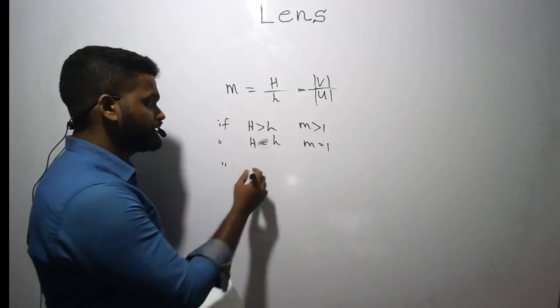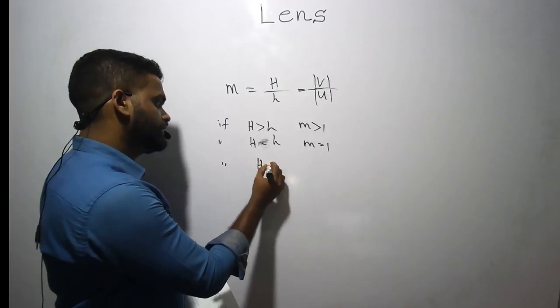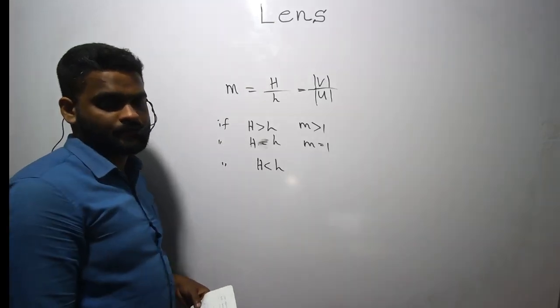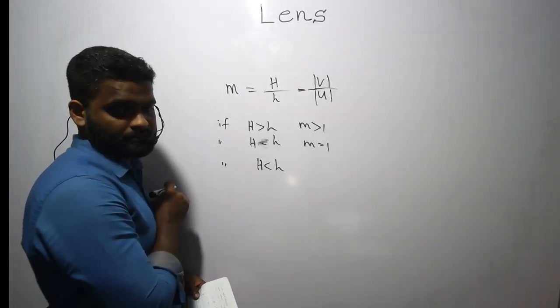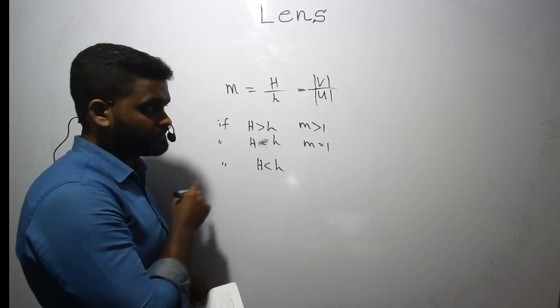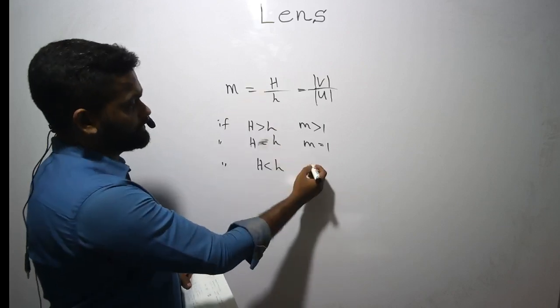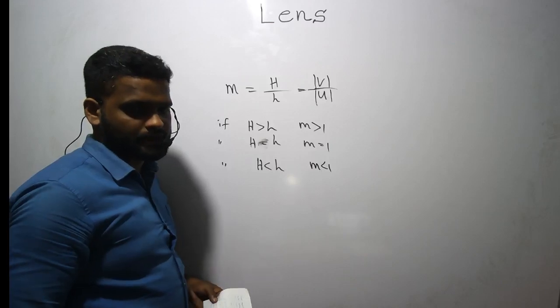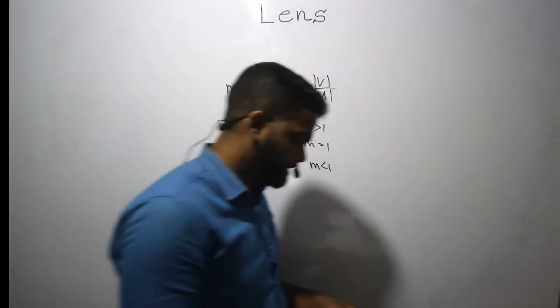Third case, if capital H is less than simple h, image is smaller now, then what should happen? Linear magnification should be less than 1. Okay, take it down.